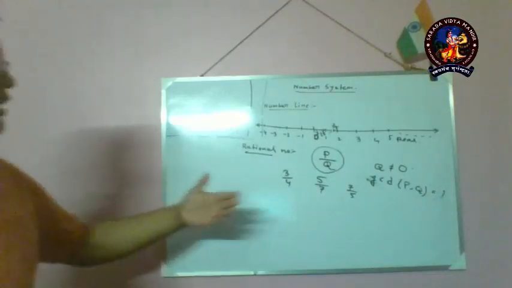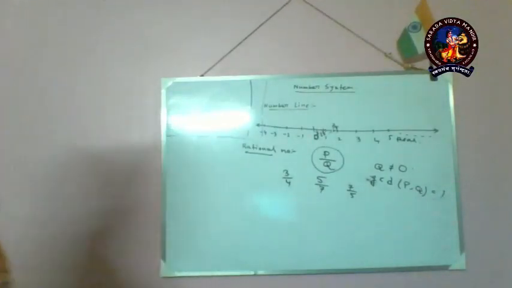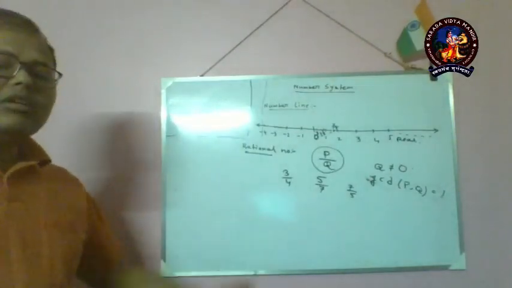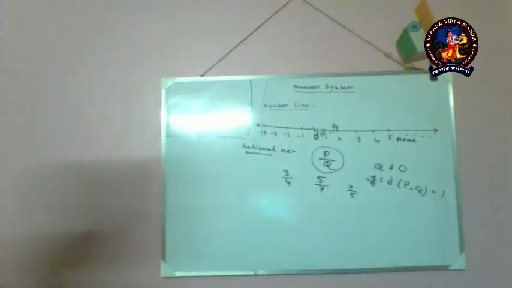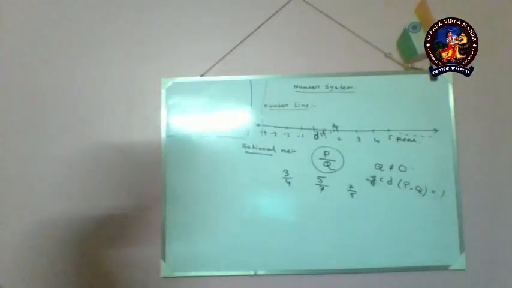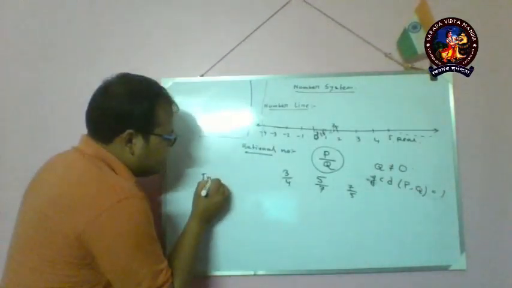Now we want to learn, when we are learning about the irrational numbers, something about the numbers which are not rational. The numbers which are not rational, they are called irrational numbers.